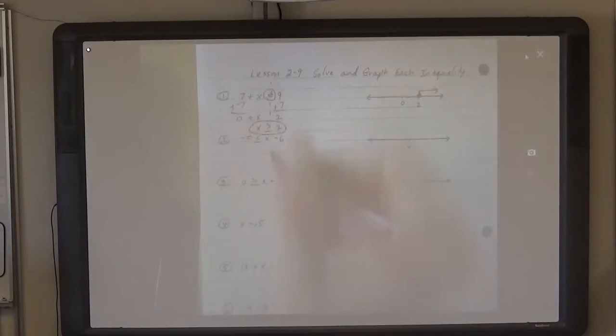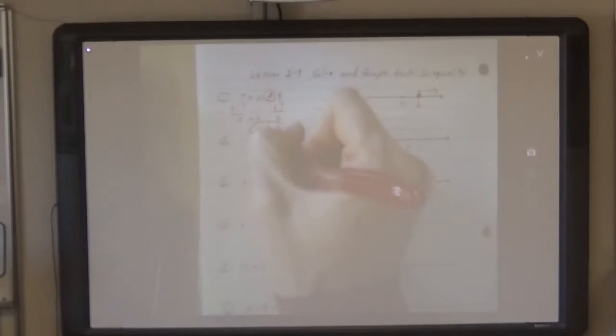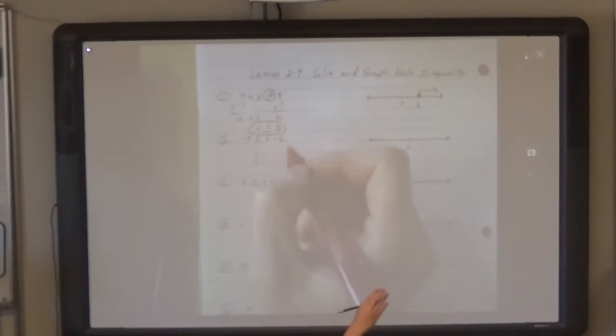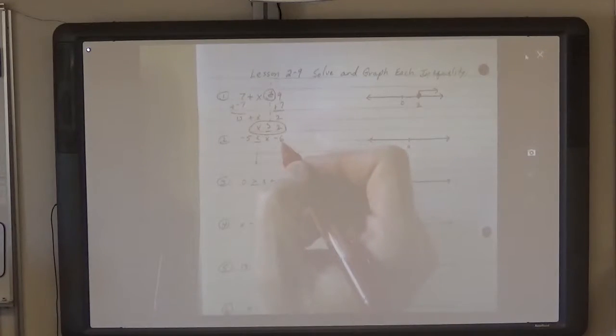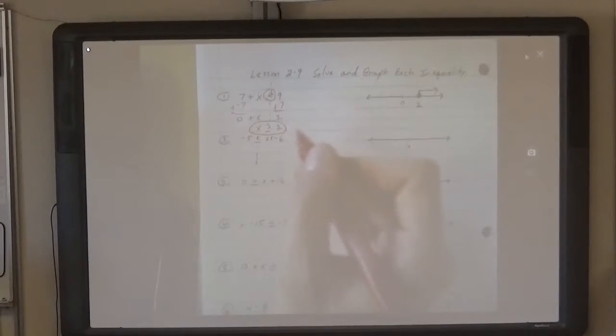Now, what's different about number 2? Look at the side with the variable. Roy? The variable is on the different side than the other side. Yeah, it's on the right side, so we have to start on the right side. Change this to plus negative, so insert a plus sign, and then add 6.